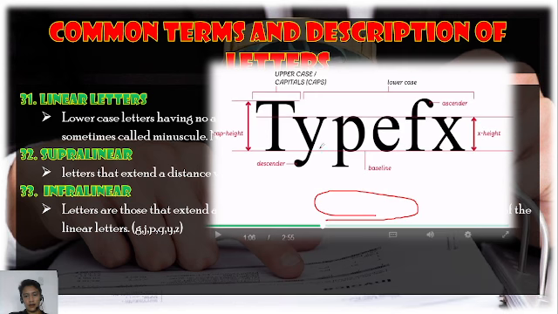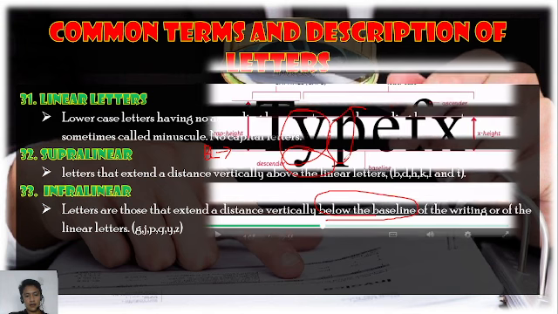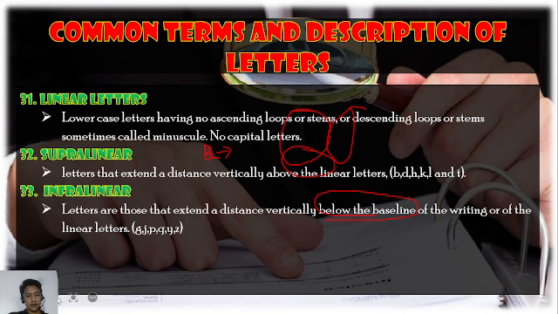Katulad na lang po ng letter Y. This is our baseline, and it has a stroke that extends below the baseline. Katulad ng letter Y, we call it infralinear letters. Katulad din po ng letter P. Aside from that, letter Q and letter Z.